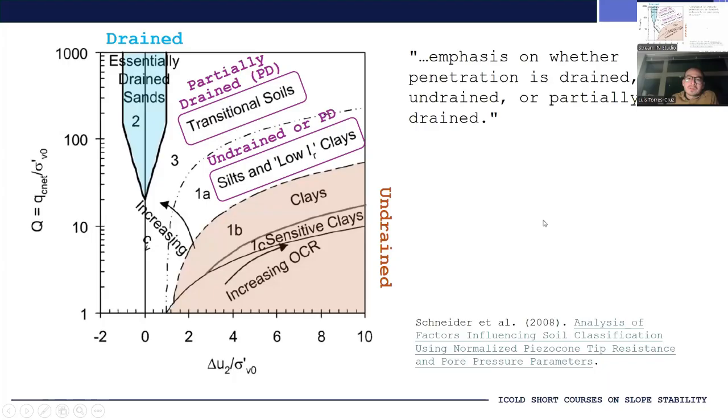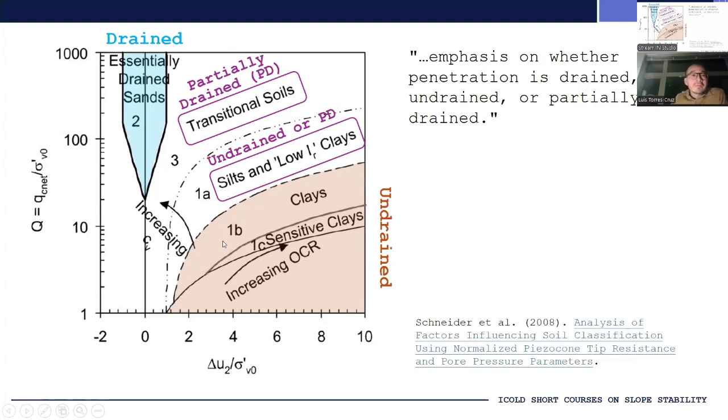Then there's also this chart published in 2008 by Schneider and his co-authors, and it has become quite popular in the last few years. And the authors explain that in developing this chart, the emphasis was on determining whether the penetration was drained or undrained or partially drained.